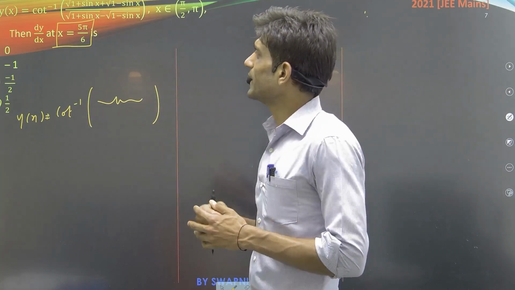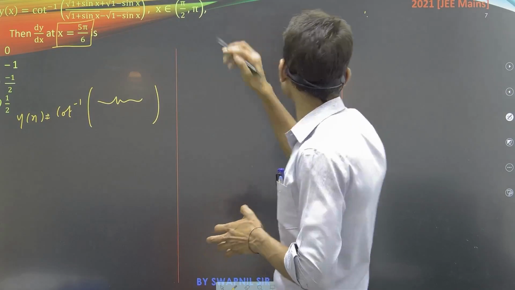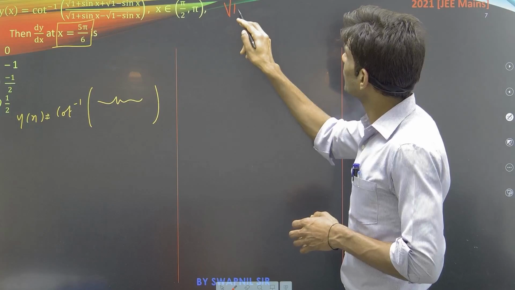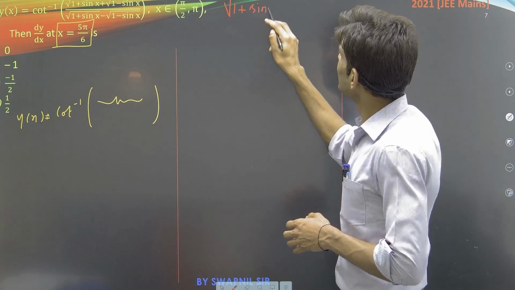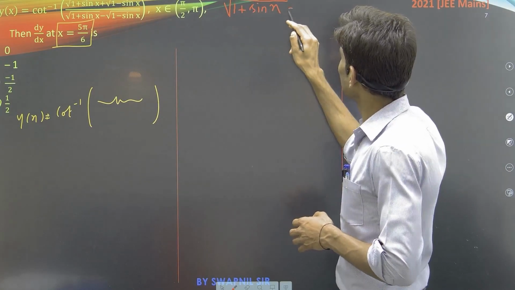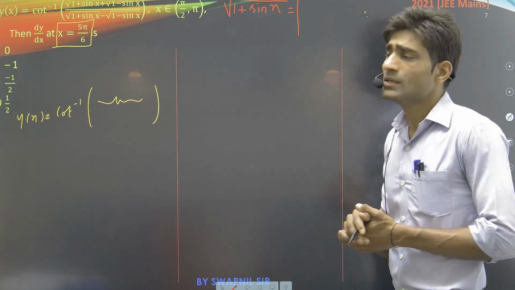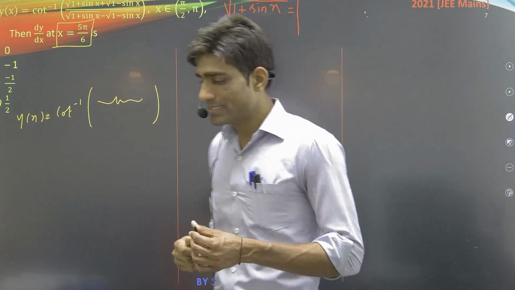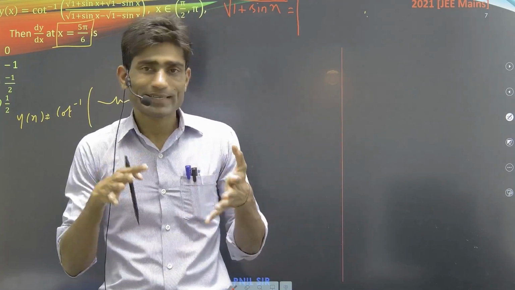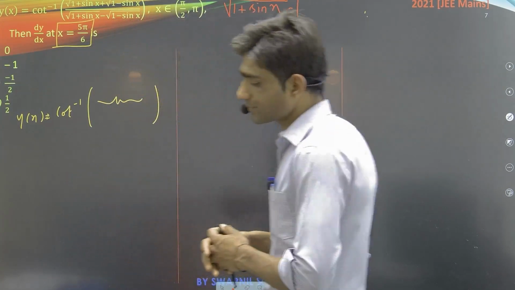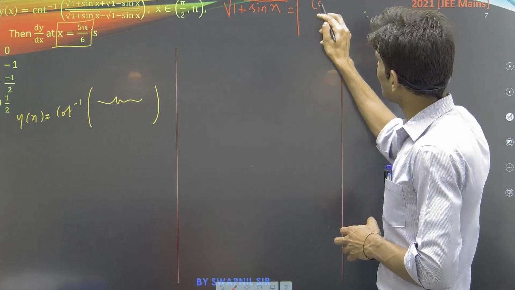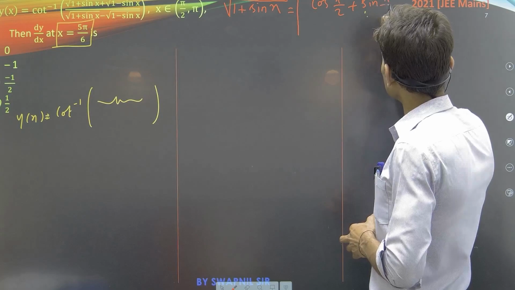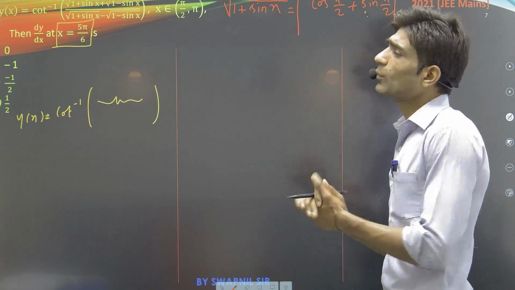As we know, square root of 1 plus sin x can be written as the modulus of sin x by 2 plus cos x by 2, or cos x by 2 plus sin x by 2. So we write it as cos of x by 2 plus sin of x by 2, which is the square root of 1 plus sin x.